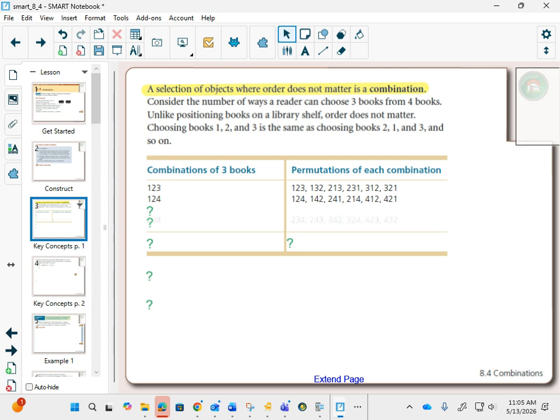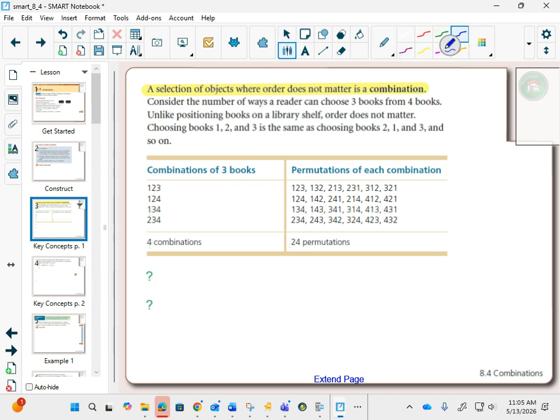So if you take out the order, we take our original answer, and if you did permutations 4, 3, 2, you would get 24. But you have to divide out the order, and the order here with 3 things would be dividing 3 factorial out, because for every 1 combination, there are 6 permutations.